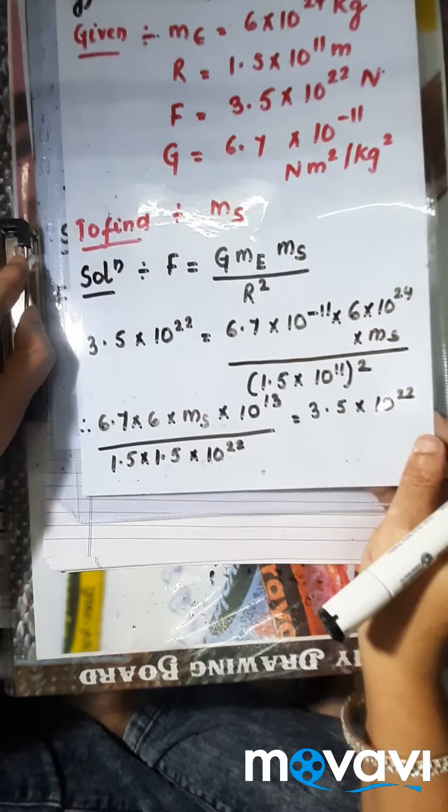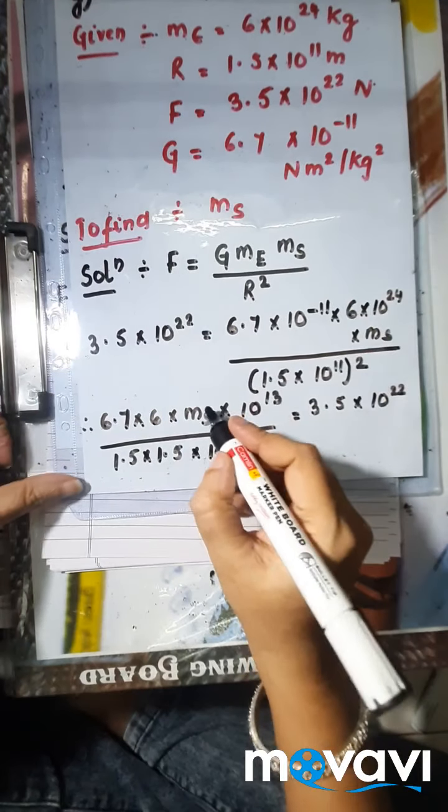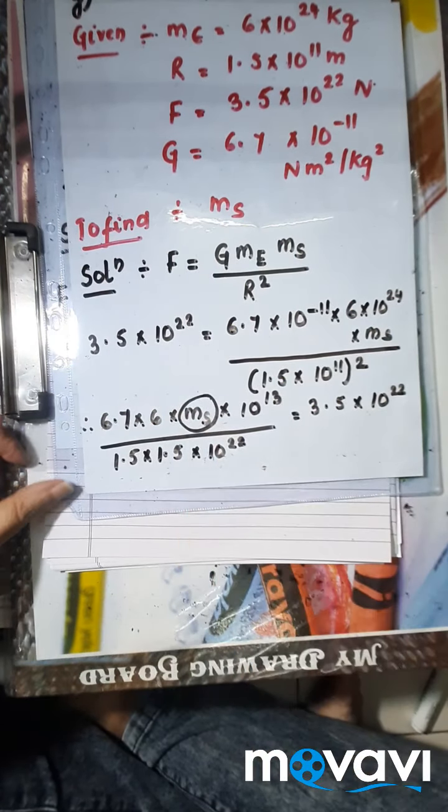Now I want to find out the mass of the sun. This is my unknown value.